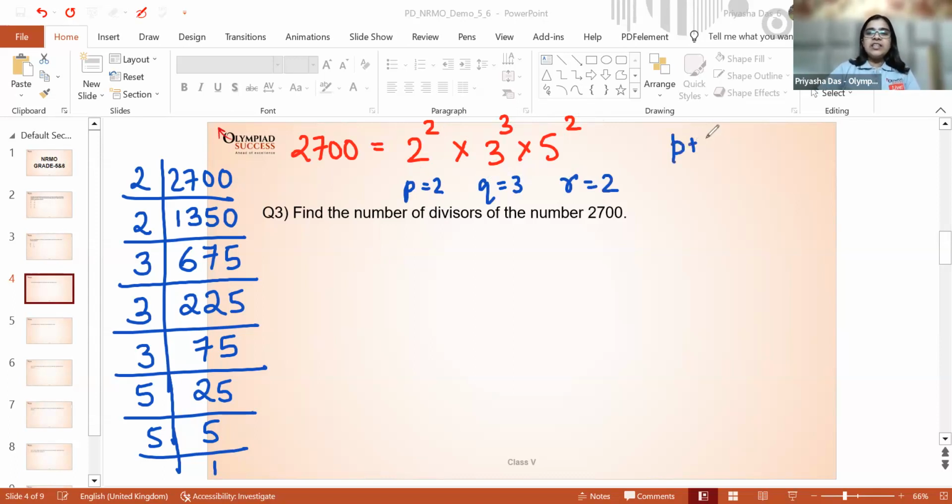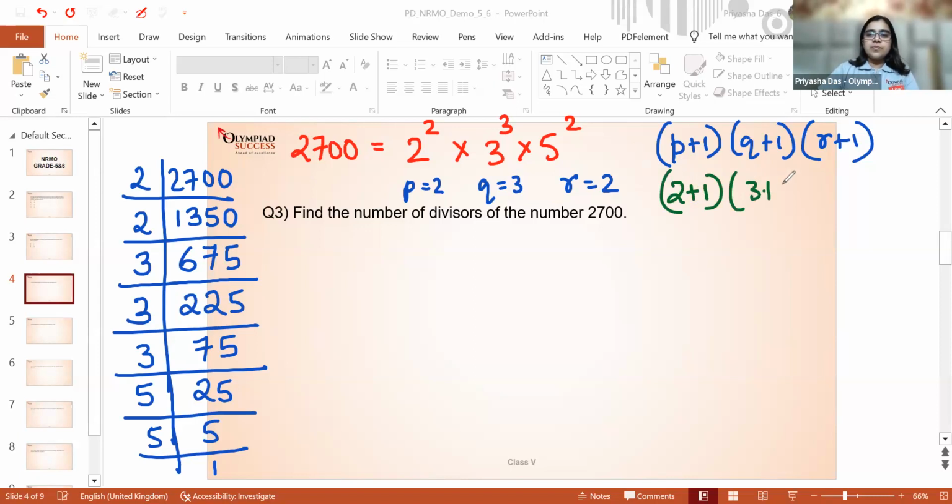So the formula is P plus 1, Q plus 1, R plus 1. When are you guys ready with the answer? Come on, quickly. No one after Lokesh. Harnit has given another answer. Urbija, Pranil, give it a try.